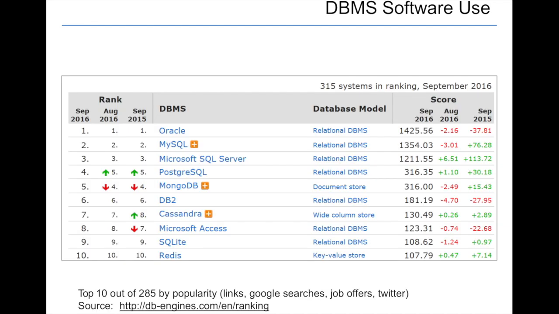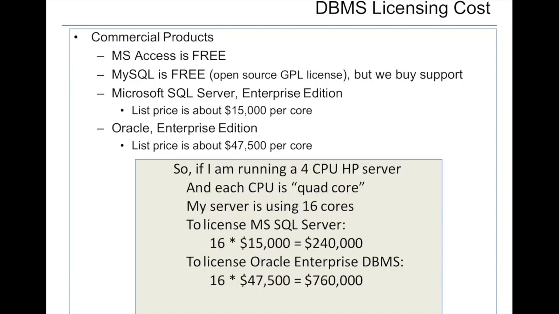You can see some of the relational databases having some upticks and downticks here. The main reason that they are starting to see some issues is the cost.